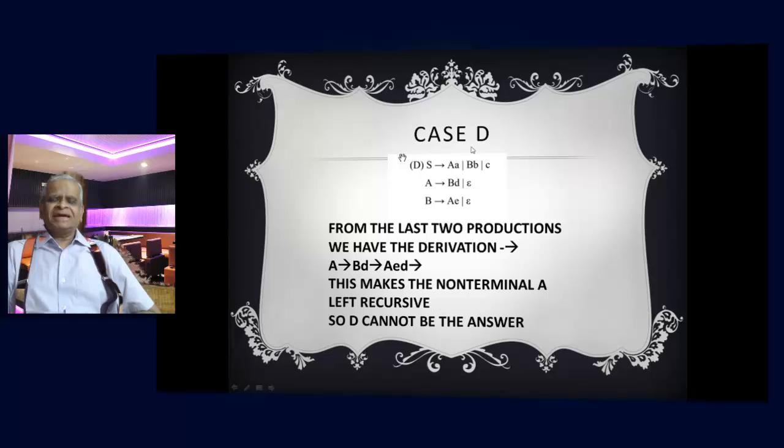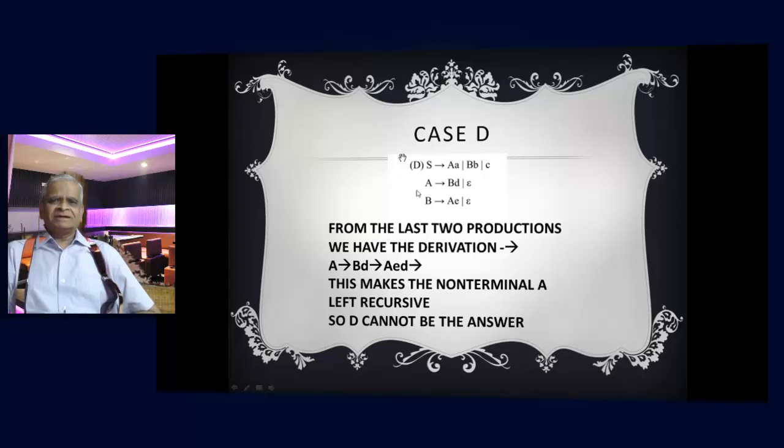Let us come to case D. D is a context-free grammar. Here, for example, I have to test either the non-terminal S or the non-terminal A or non-terminal B. I find, for example, S occurs on the left-hand side here. S does not occur on the right-hand side anywhere.